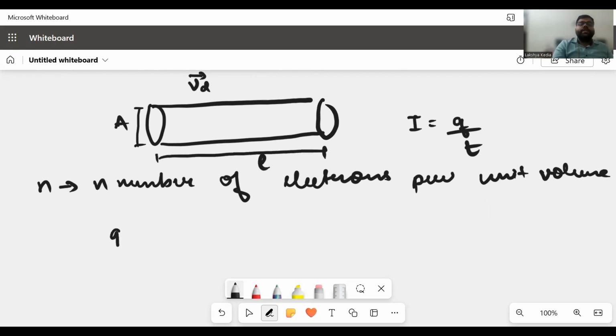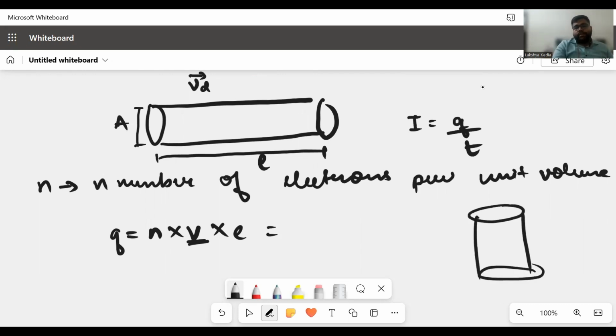The total charge will be n into the volume of the conductor into the charge of one electron, right? This V is the volume of the conductor. But how do we find the volume of a conductor? By multiplying the area of cross section into the length, right? This A and L. So n into A L into e.